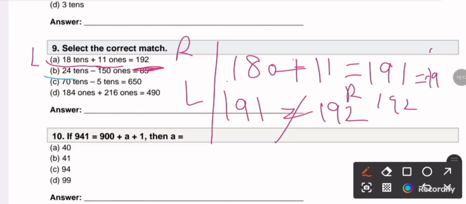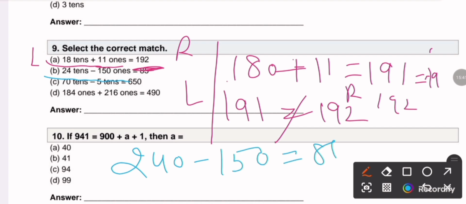Next, B option. 24 tens minus 151 ones is equal to 85. So 24 tens means 24 multiplied by 10, so it's 240, minus 150 ones, which is 150 multiplied by 1, so it's 150.